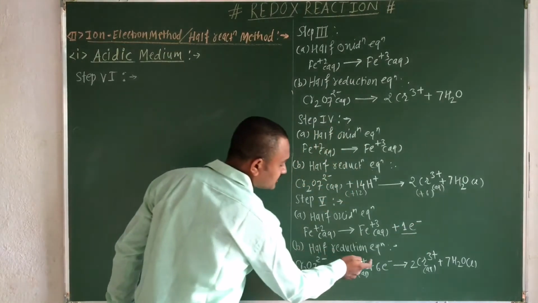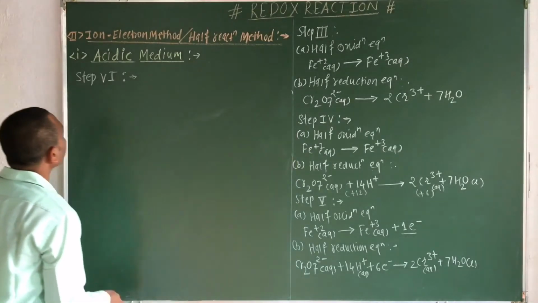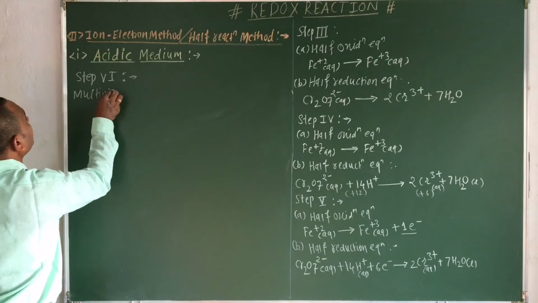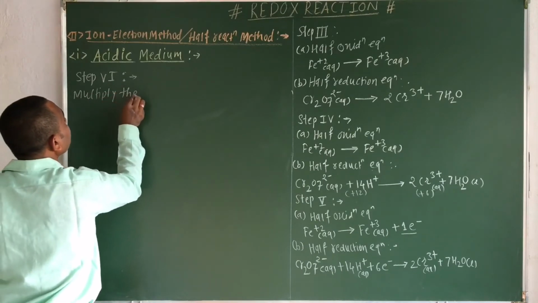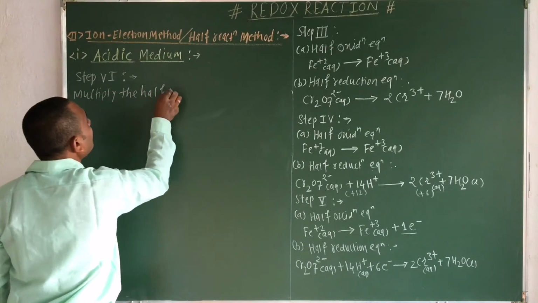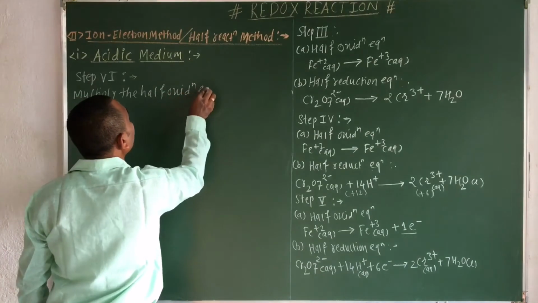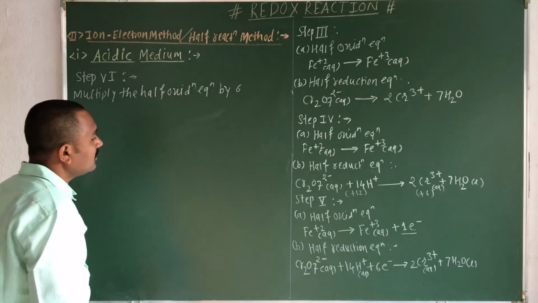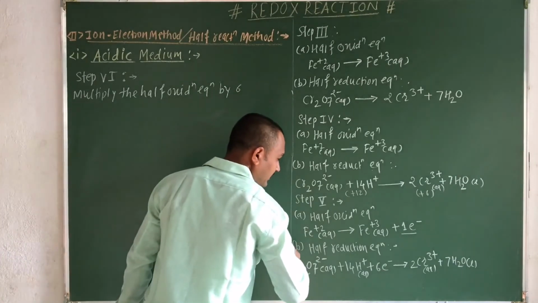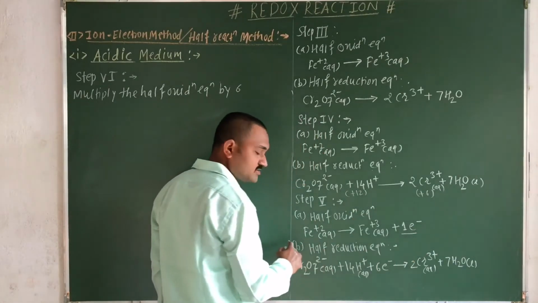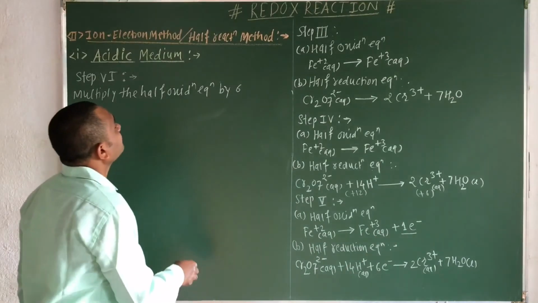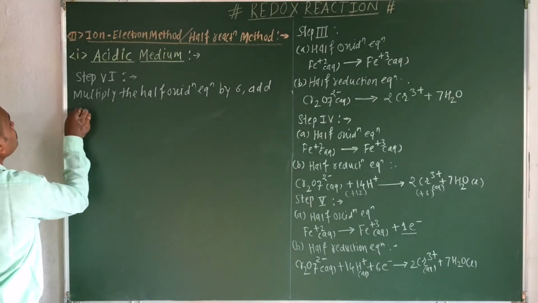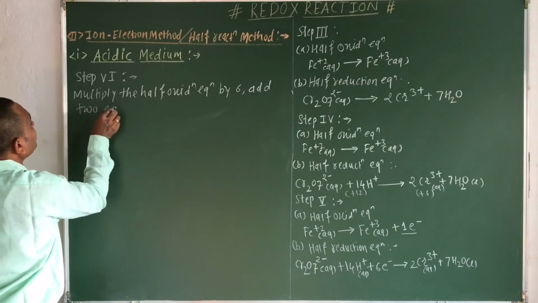To balance these electrons, we are going to multiply the half oxidation equation by 6. So we have to multiply this particular half oxidation equation by 6, and then add the 2 equations.